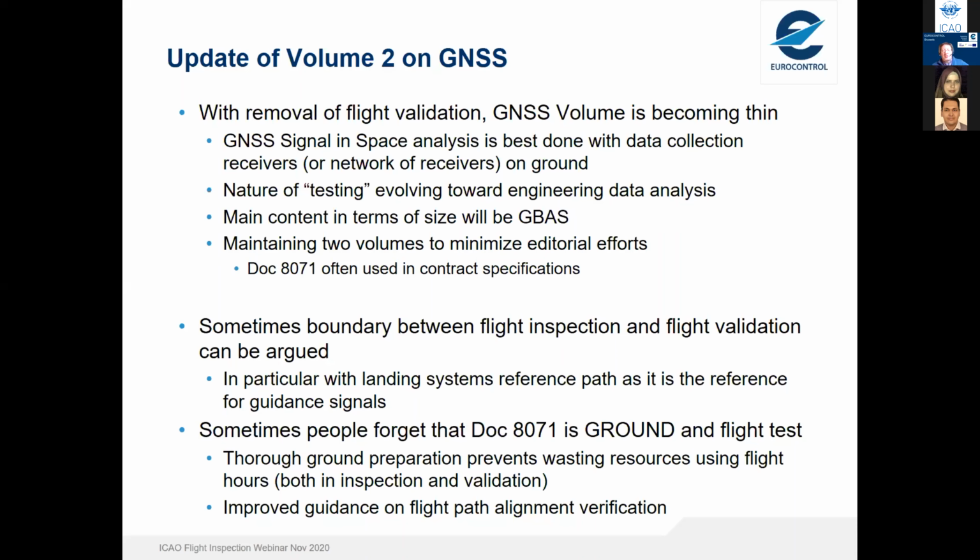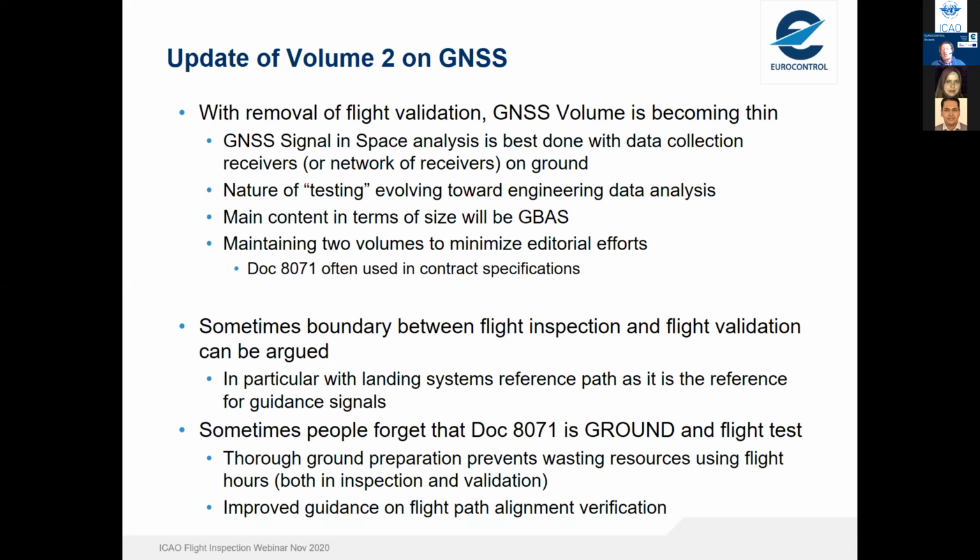More important in that aspect is to not forget that DOC 8071 is also about ground checking and not just flight checking. In general, the principle is that you should prepare thoroughly using whatever ground means are available, such that you don't waste time to find mistakes that you could have easily found on the ground. So there will be some improved guidance on flight path alignment verification using methods you can do on the ground.